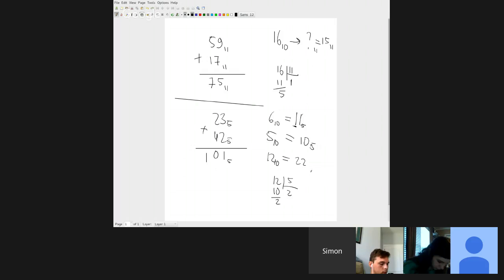It will be 22 base 5. We always start from the quotient here, and then we use all the remainders. So 4 times 3 gives me 2, and then the other 2 will be carried. So 4 times 2 is going to be 8 in decimal.